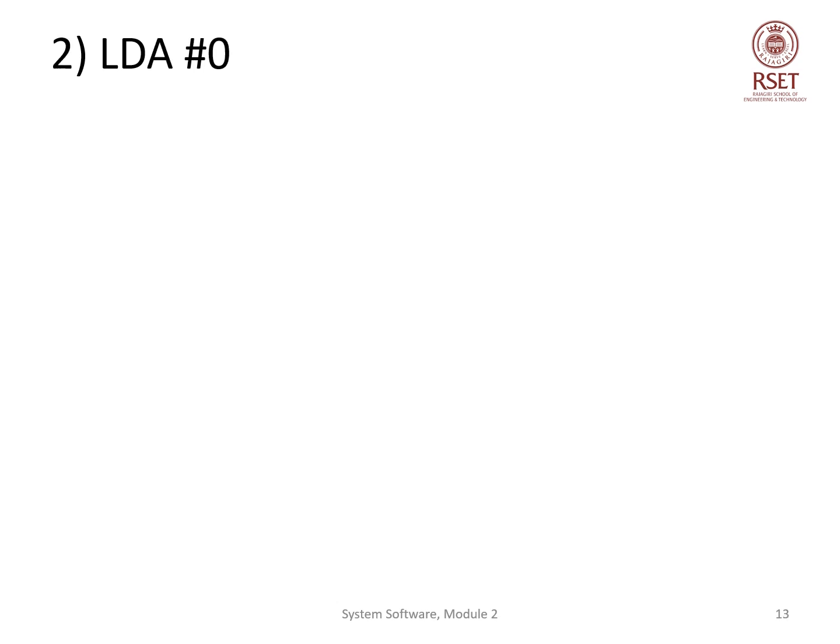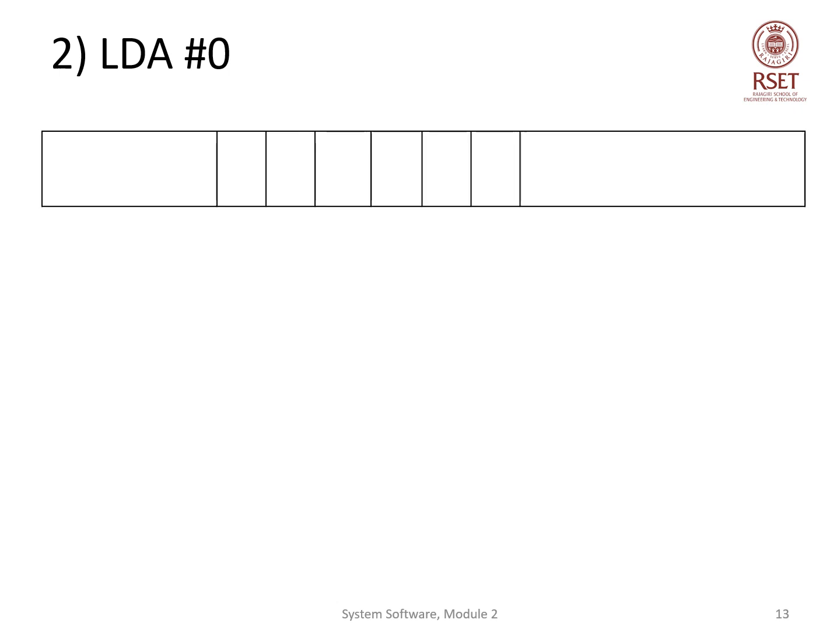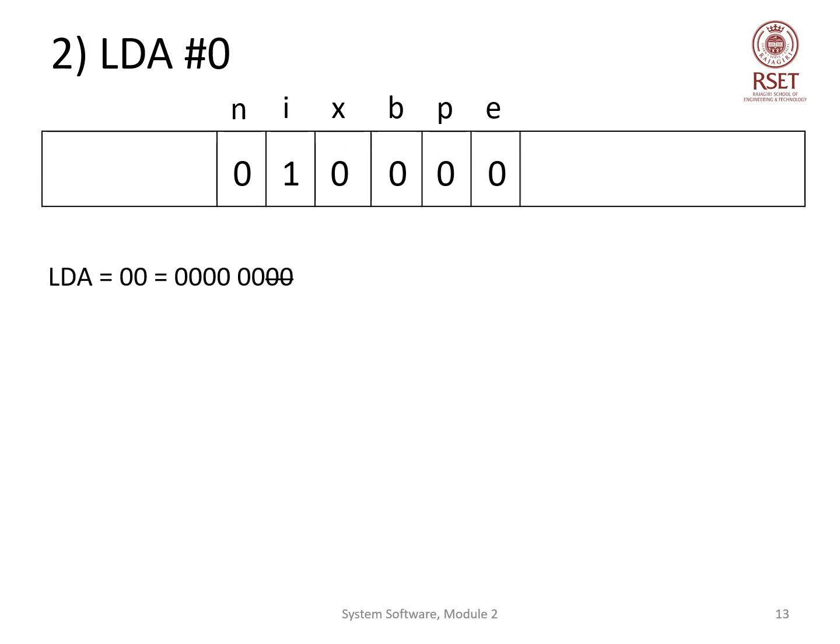Now coming to the next one, it is LDA #0. Again another format 3 instruction. We'll draw the instruction format for format 3, NIXBPE. It is immediate addressing. So I is 1, N is 0, X is 0, E is 0, B and P are 0. Same as before. Now LDA has the opcode 00.